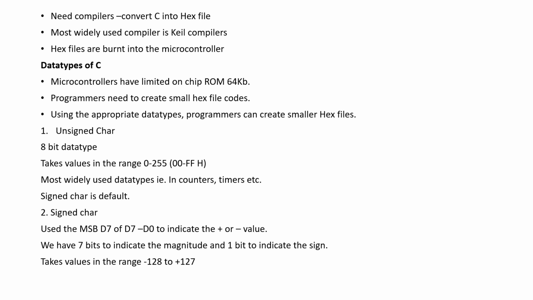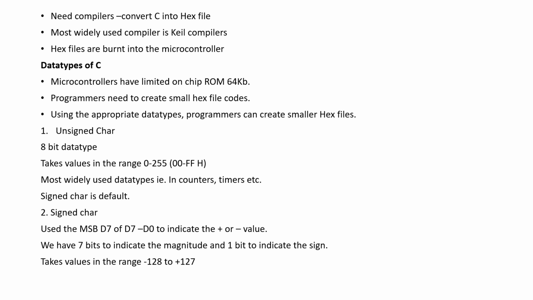In the signed char, the MSB is used to indicate the sign, plus or minus, and the magnitude will be indicated by the remaining bits, that is D6 to D0. So only 7 bits are available to indicate the magnitude and 1 bit to indicate the sign.